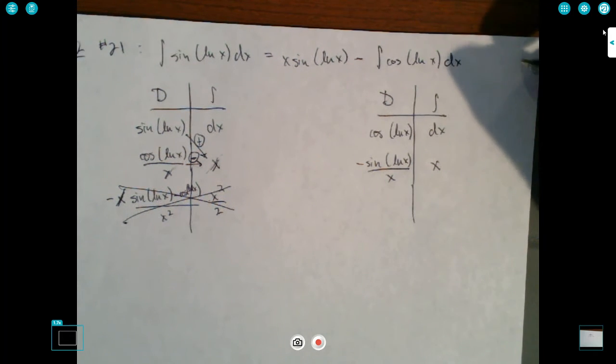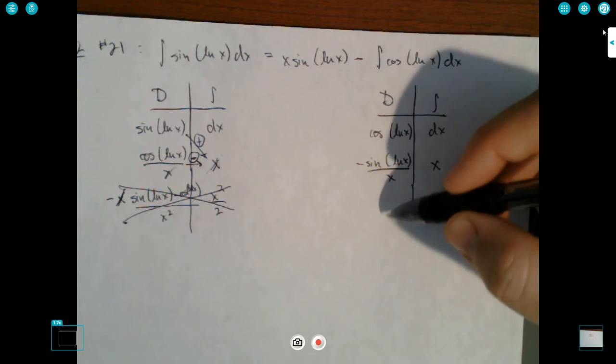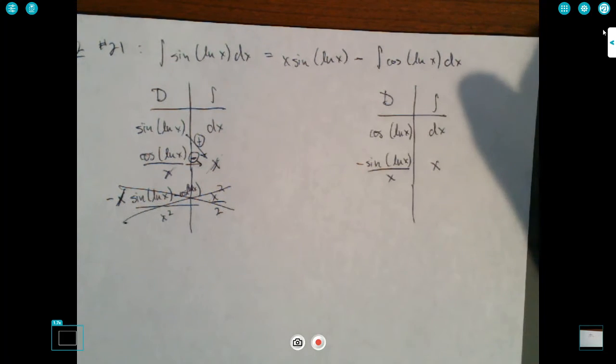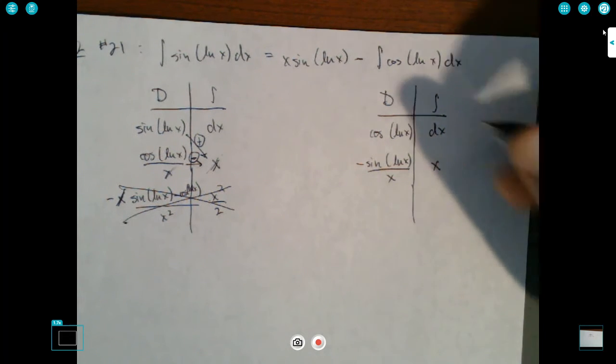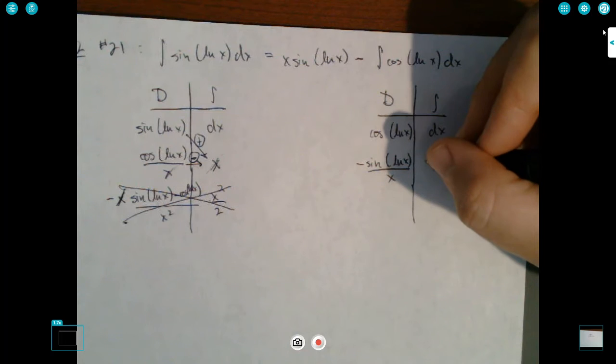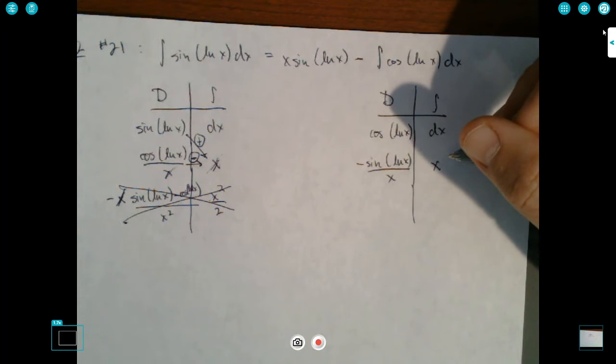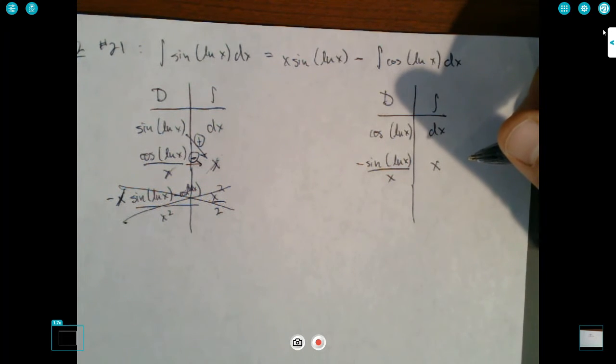So now the same deal, right? If I keep differentiating, I'm going to end up with something nasty in the next step, and so I don't really want to do that. I think I'm just going to stop there, and I'm going to call this x cosine of ln of x minus negative sine of ln of x, the integral of sine of ln of x.